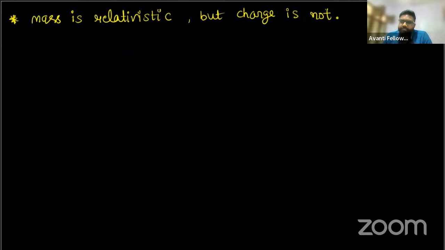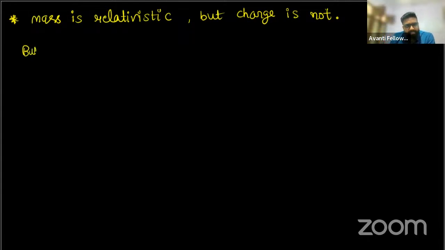So suppose in theoretical physics and basically Newtonian physics, what we study, we take an object of mass m moving with some velocity, and that speed is very, very less with respect to the speed of light. Okay.